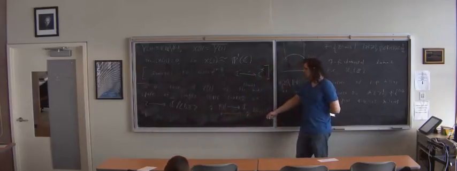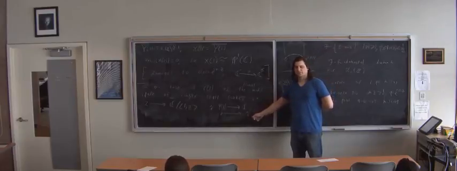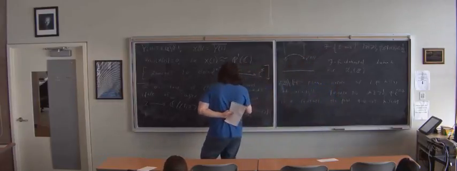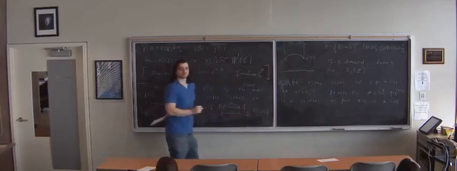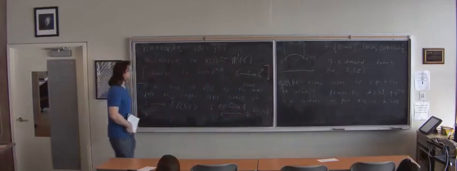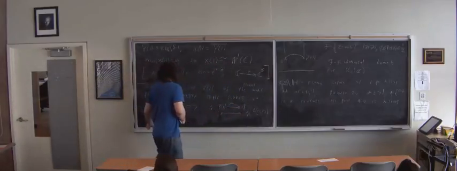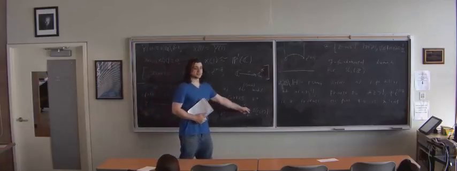Because you get one J invariant for each isomorphism class of elliptic curves, these are the complex numbers, this map is actually an isomorphism, and you can extend it to an isomorphism from X1 to P1.